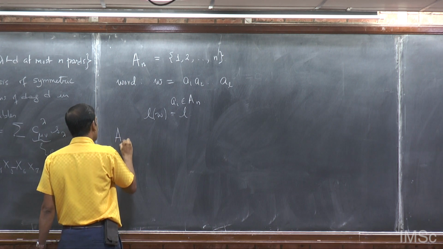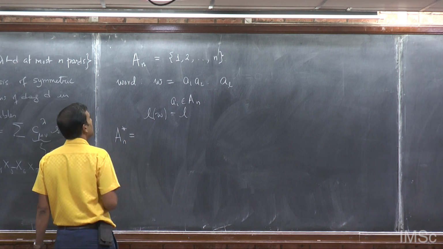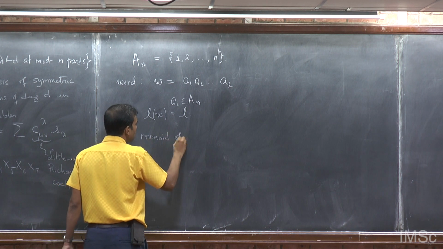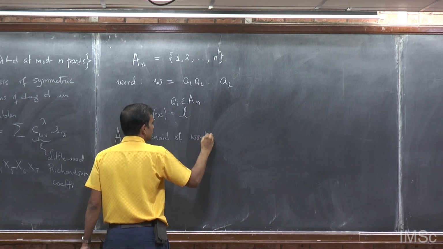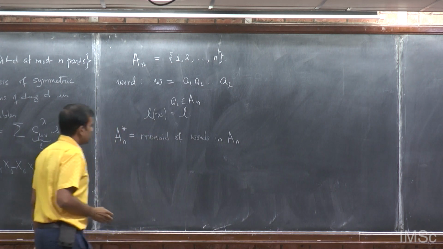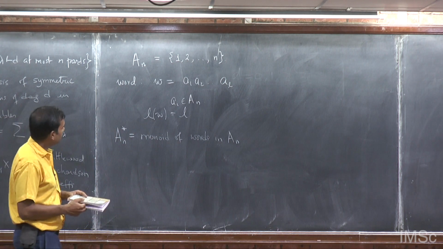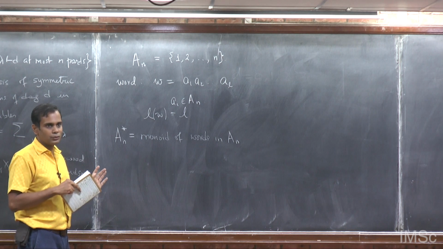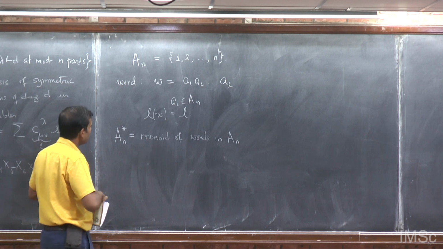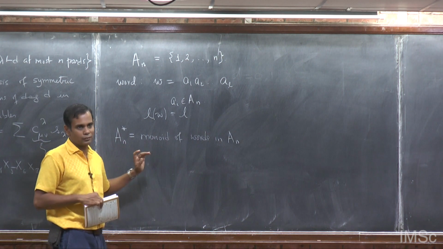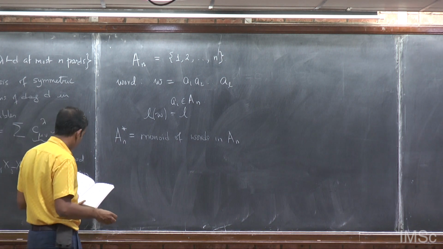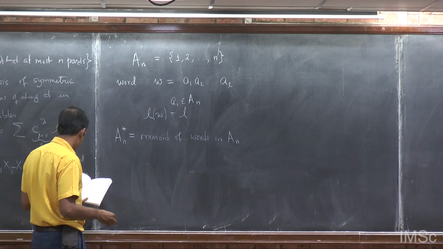We will denote A_n star to be the monoid of words in A_n, where the multiplication in the monoid is defined by concatenation of two words. You take the first word and write the next: to find W1 W2, you write W1 and then write W2 to the right of it. That is the word monoid.